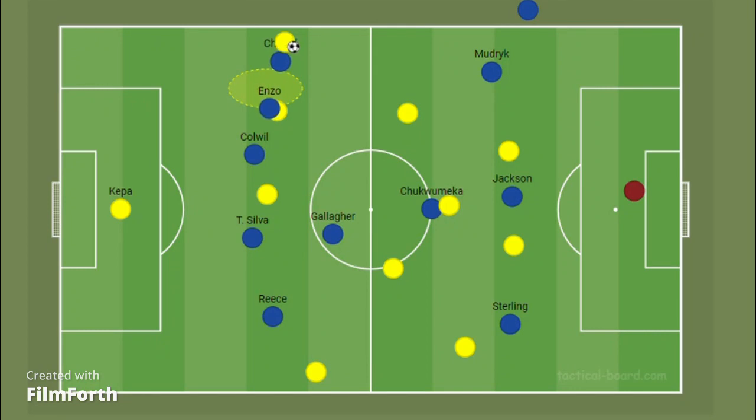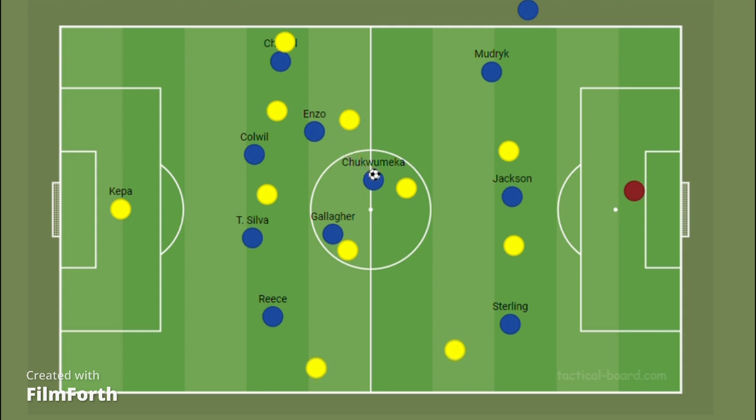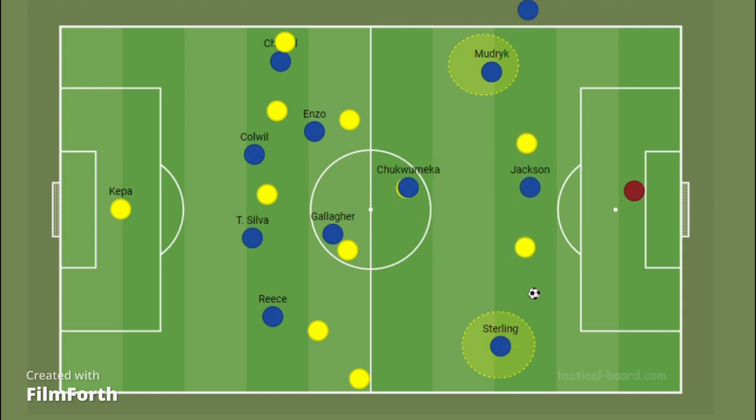This excellent movement by the two midfielders really helped in doubling up against the opponents, leaving Mudryk, Sterling and Jackson high up the pitch where they could easily exploit Dortmund through counter-attacks, though Jackson, Chukwuemeka and Sterling squandered some of these chances. The position of Sterling, Mudryk and Jackson high up the pitch rather than tracking back is something that we are seeing with Mauricio Pochettino.